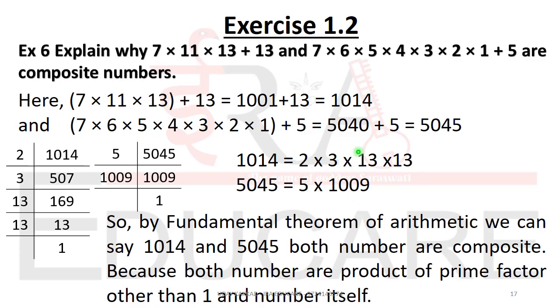So remember, a composite number has more than 2 factors. If it has exactly 2 factors, then it's called a prime number. But if it has more than 2 factors, then it's called a composite number. So we can say that these two are composite numbers.